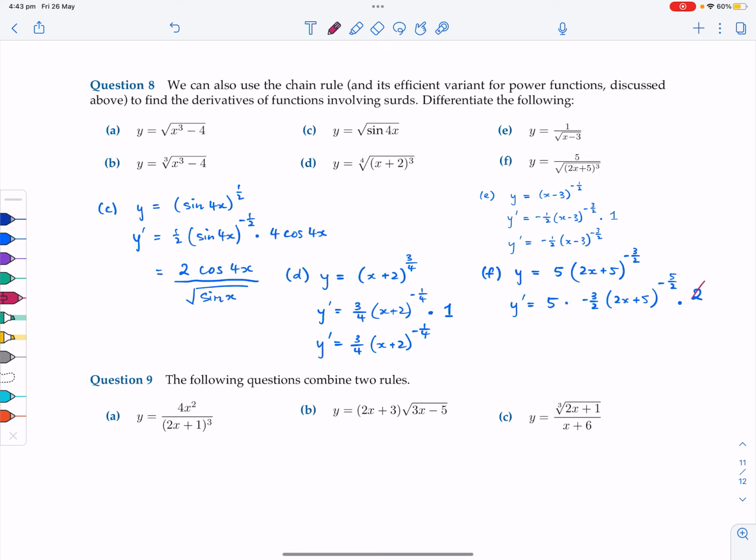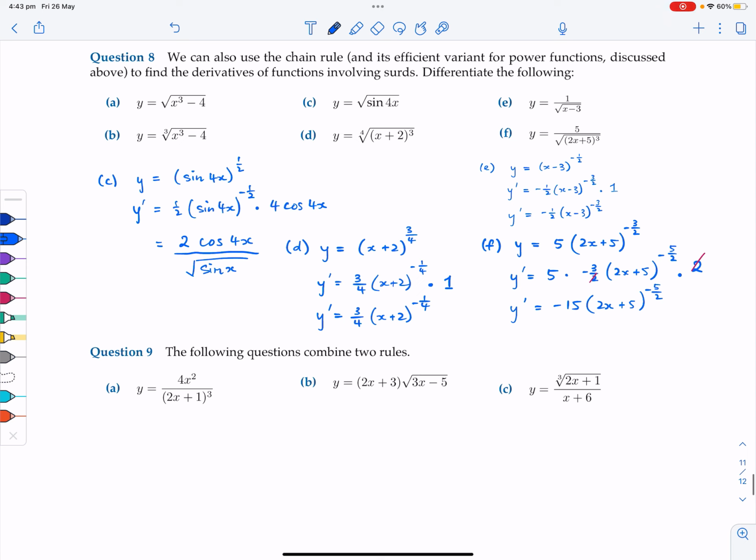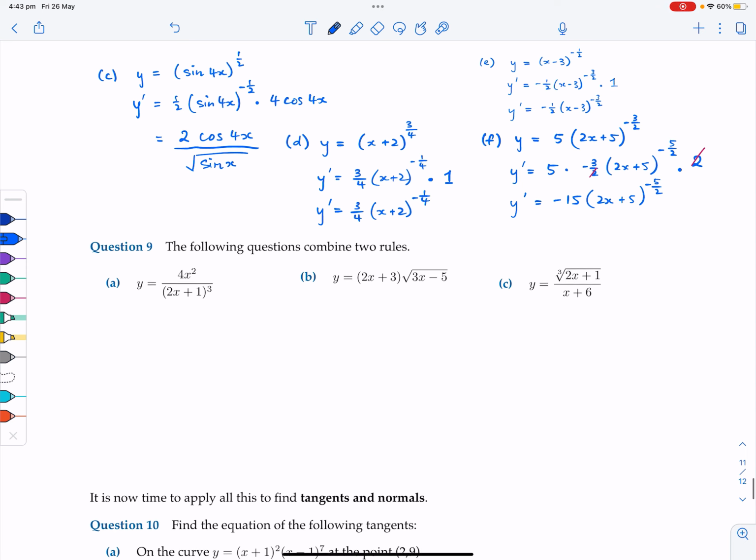That 2 cancels with that, and so we've got y dash equals negative 15 lots of 2x plus 5 to the negative 5 on 2. Okay, so I hope you did those yourself and got them all right. People in class handled them quite all right.